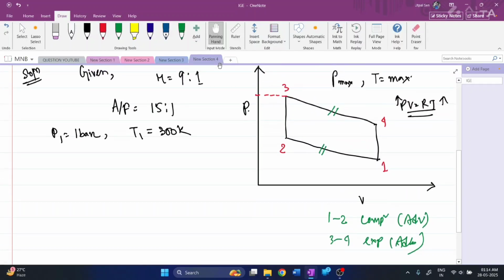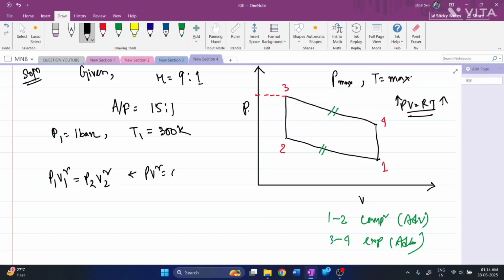Both are adiabatic. So from the adiabatic relations, we have P1 V1 to the power gamma equal to P2 V2 to the power gamma, which came from the equation PV to the power gamma equal to C. We have another relation, T1 V1 to the power gamma minus 1 equal to T2 V2 to the power gamma minus 1, which also comes from the same relation.